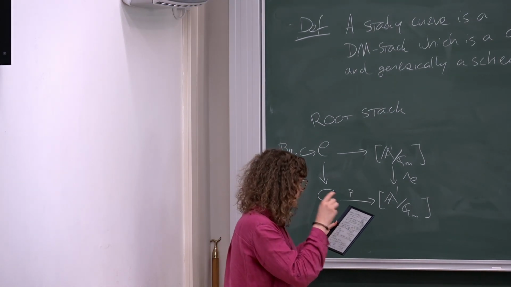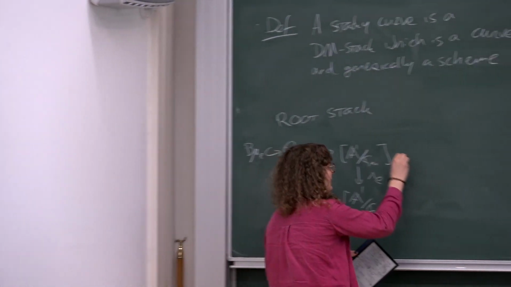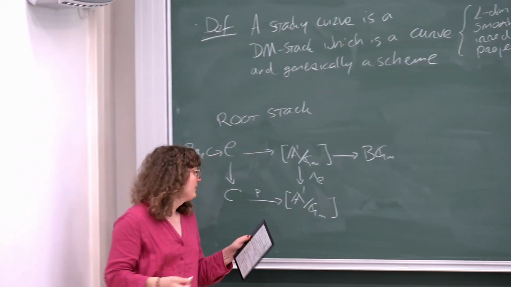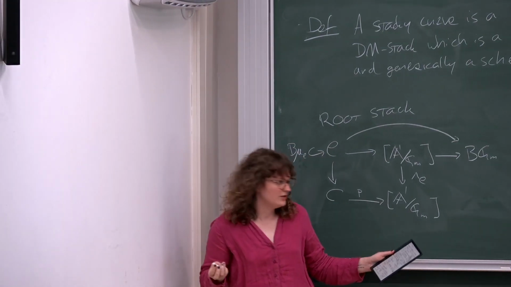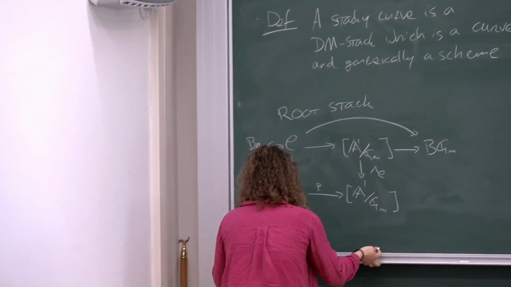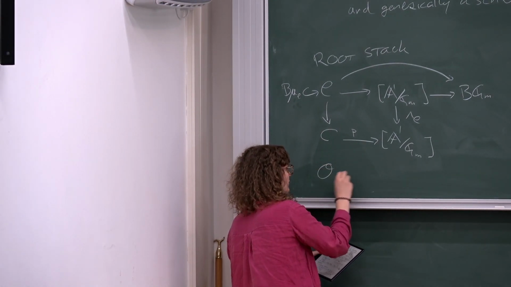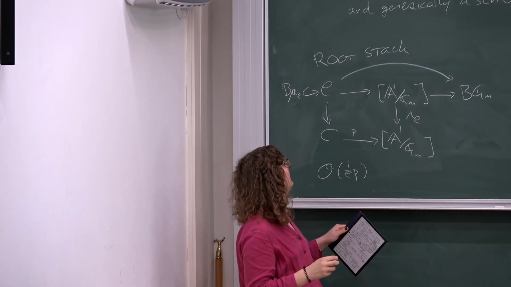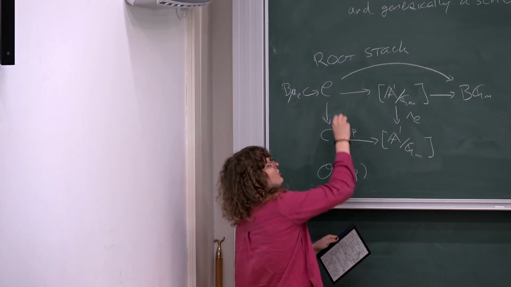Okay. So this diagram actually produces for us something nice, because we can take the contraction to BGM. And this provides us with a line bundle. And this line bundle I will call O of 1 over e P. Why do I call it O of 1 over e P? Let me call this map pi.